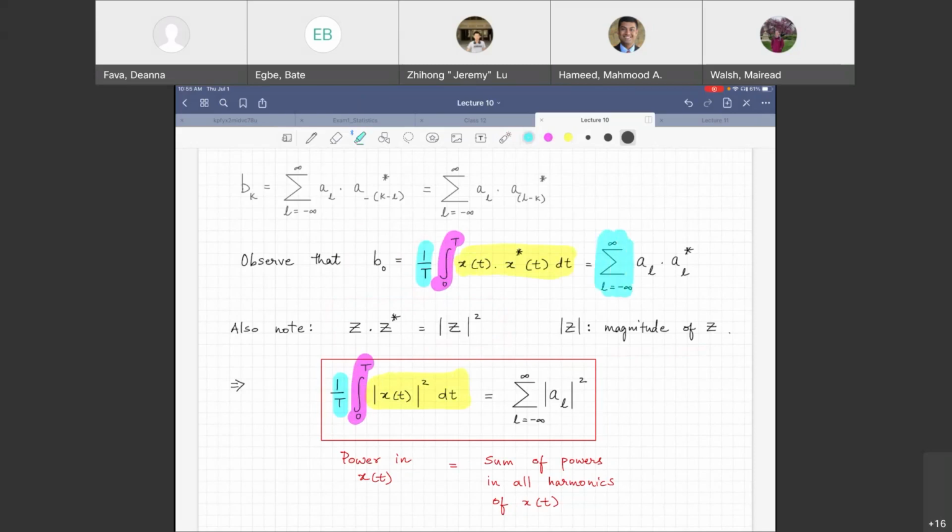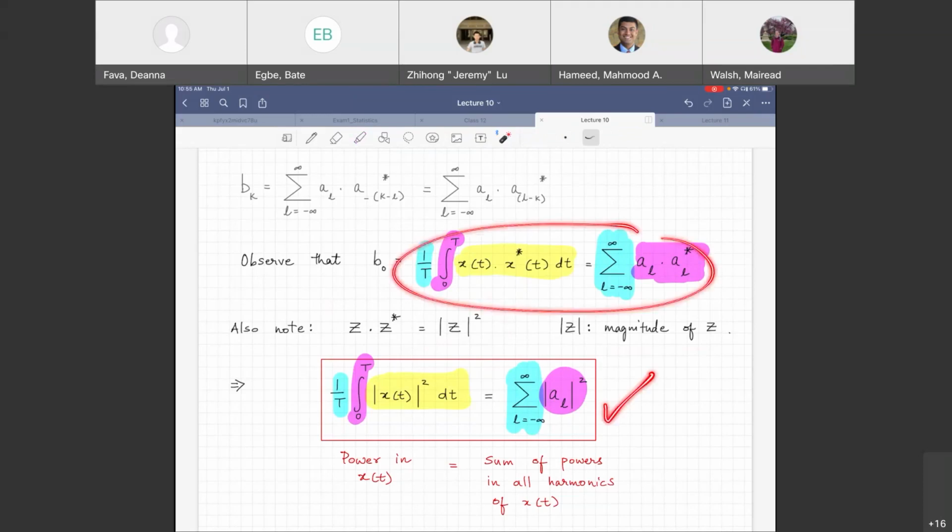Summation, summation. AL multiplied by AL conjugate, magnitude of AL squared. Yeah? A's are complex. So by using this, we were able to derive Parseval's theorem.